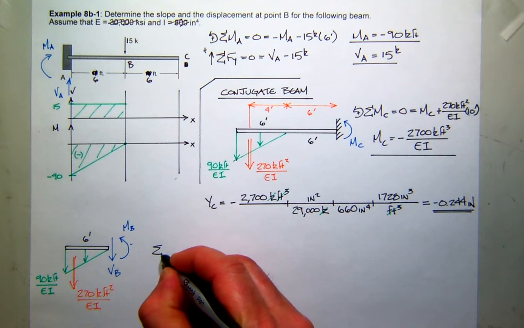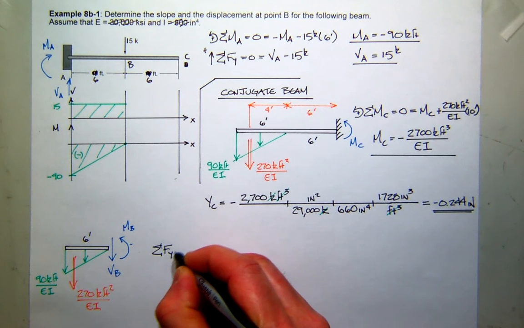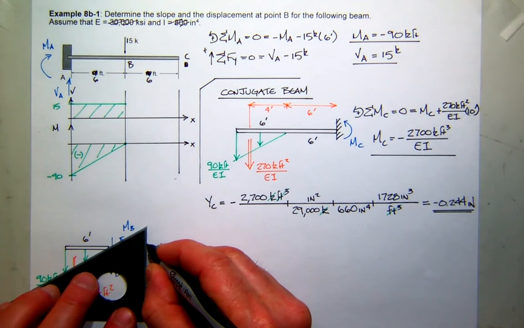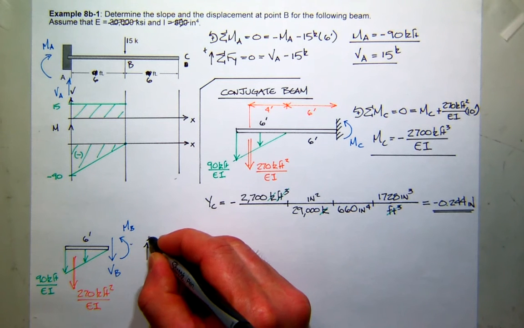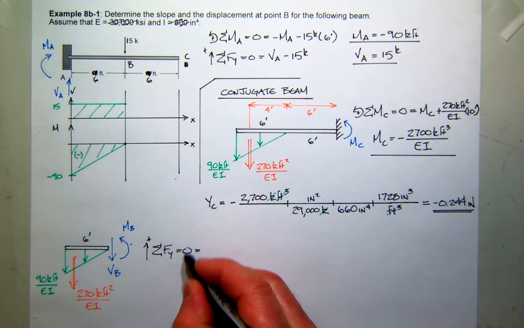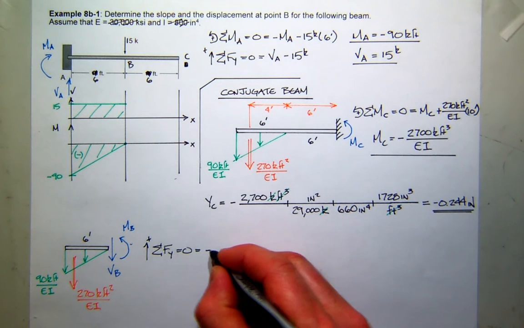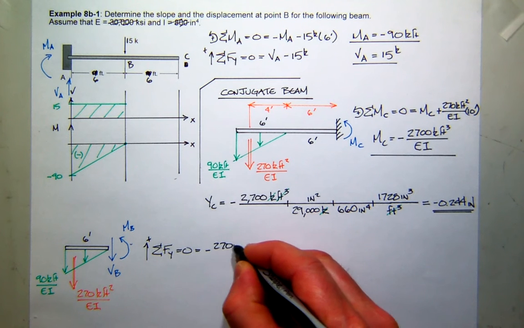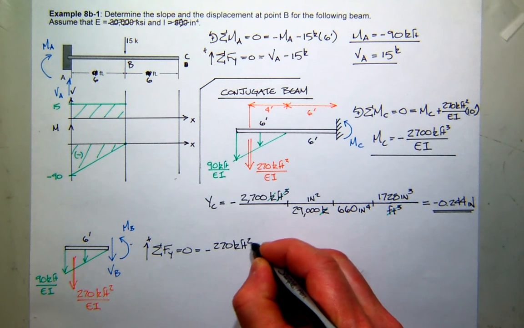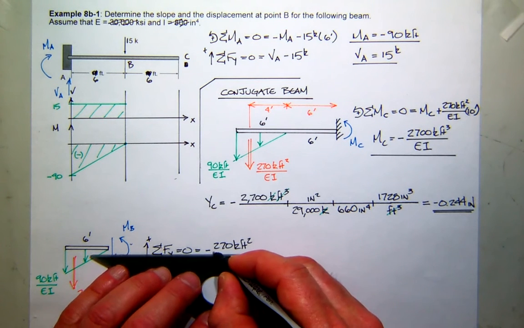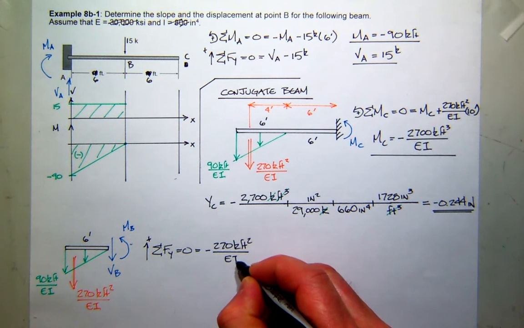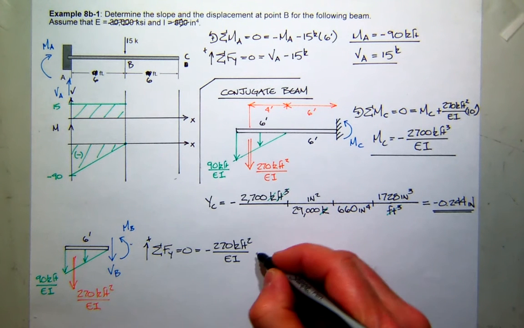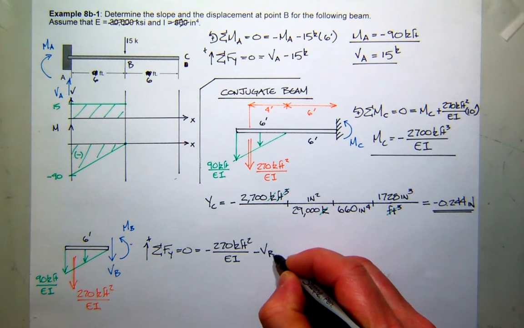If I sum forces in the y direction, and I'll assume up is positive, let's make sure everything's in equilibrium. I've got this 270 kip feet squared over EI acting down, and I have my shear at B also acting down.